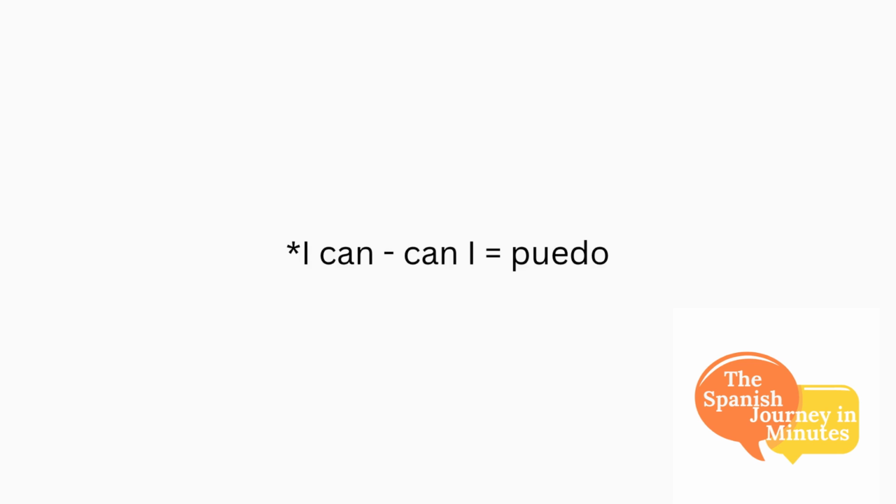But if you want to ask a question, you can add a tone that is going to sound like a question. For example, you say, can I? ¿Puedo? ¿Puedo? You can hear the doubt in my voice. So one more time. I can would be puedo. A little more flat. Puedo. And can I? Puedo. Puedo.